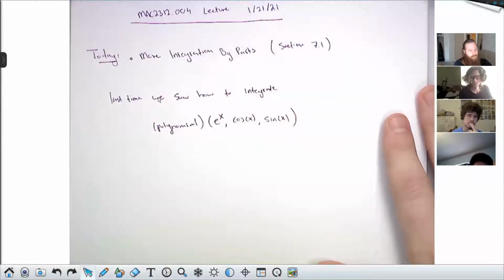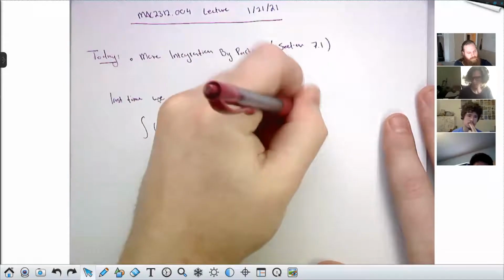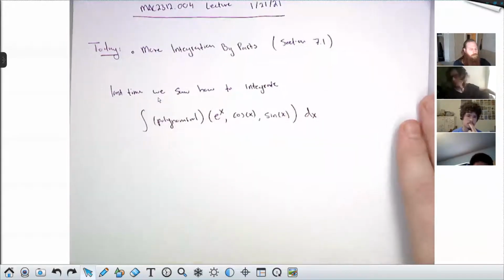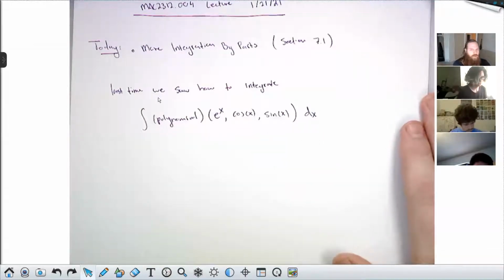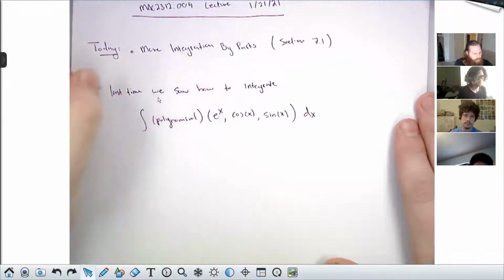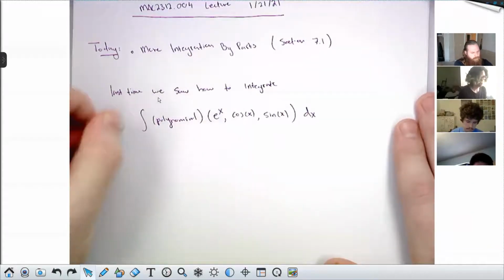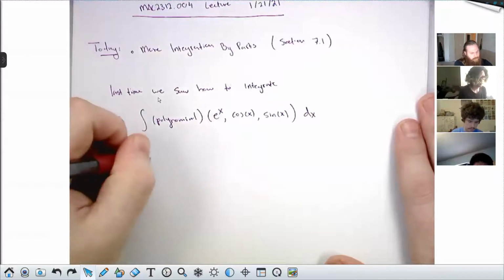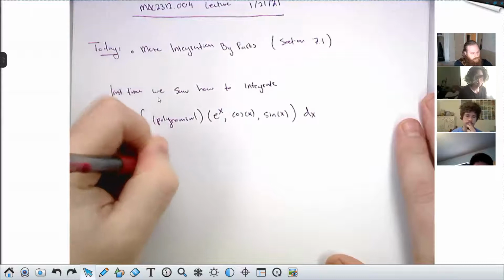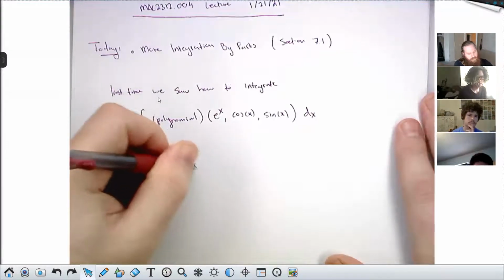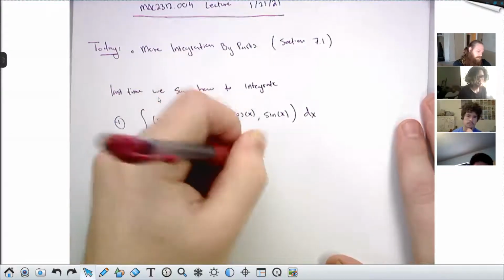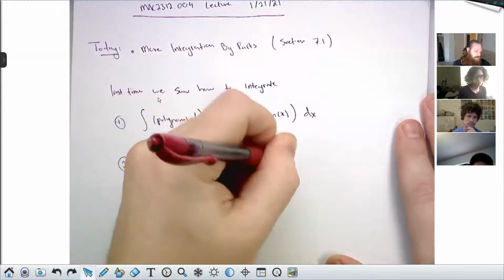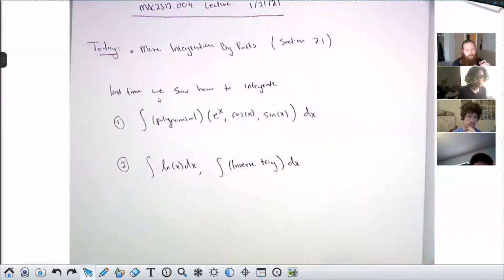All of these are IBP, and you'll always run this with u as the polynomial piece and dv as whatever else you have. We also saw inverse functions, like natural log of x or inverse trig, functions that are defined as the inverse of some other function.